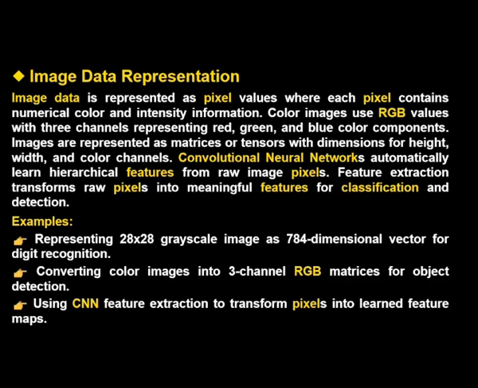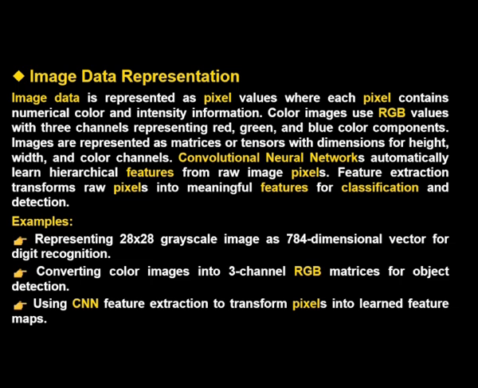The next one, image data representation. Image data is represented using numerical pixel values. Each pixel contains information about color and intensity. Grayscale images store a single value per pixel, while color images use RGB channels.